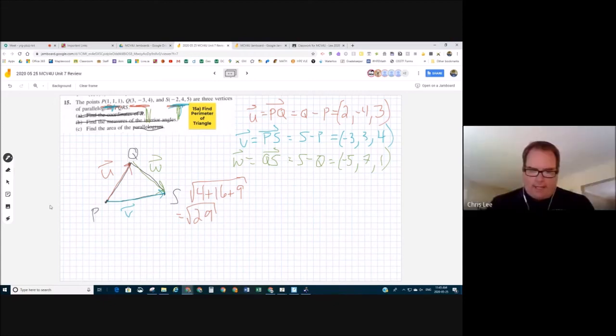And then my blue vector is the square root of negative 3 squared, which is 9, plus 3 squared, which is 9, plus 4 squared, which is 16. And that is going to be 18, 34, sorry. Right, 34?